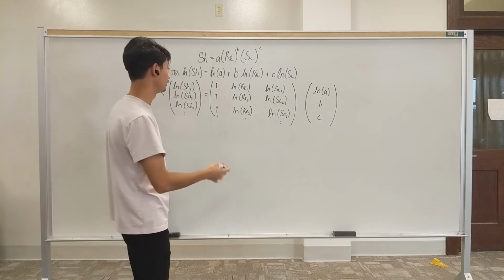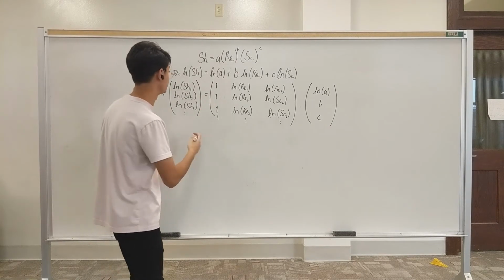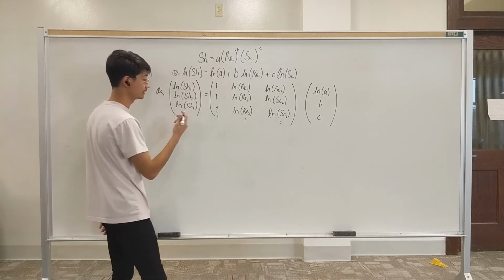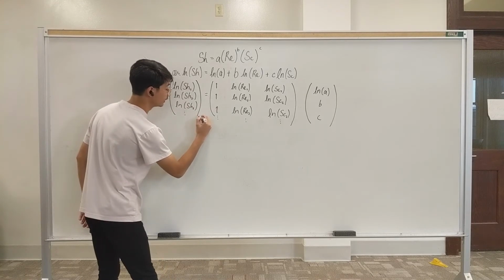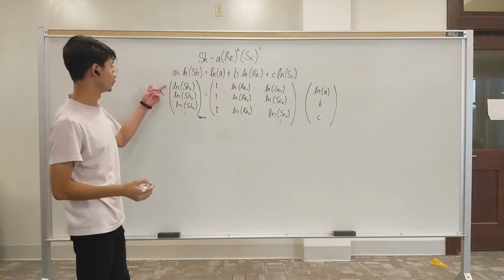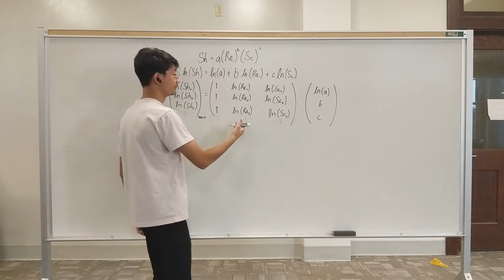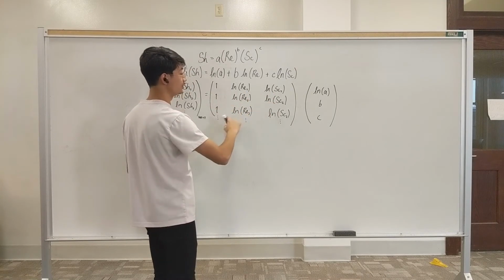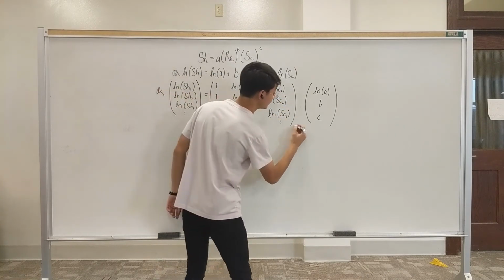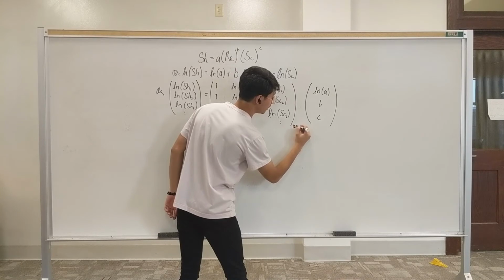So as I already said, we've done this experiment 100 times. So the dimension of this matrix is going to be 100 by 1, because we're going to have 100 rows and a single column. The dimension of this matrix is going to be 100 rows and 3 columns. So that's 100 by 3.